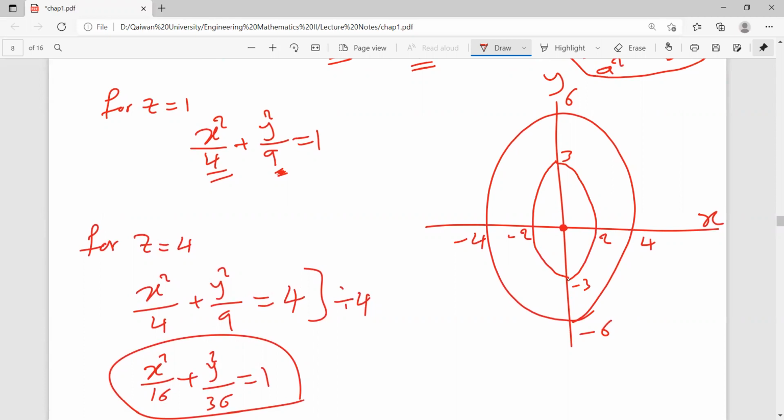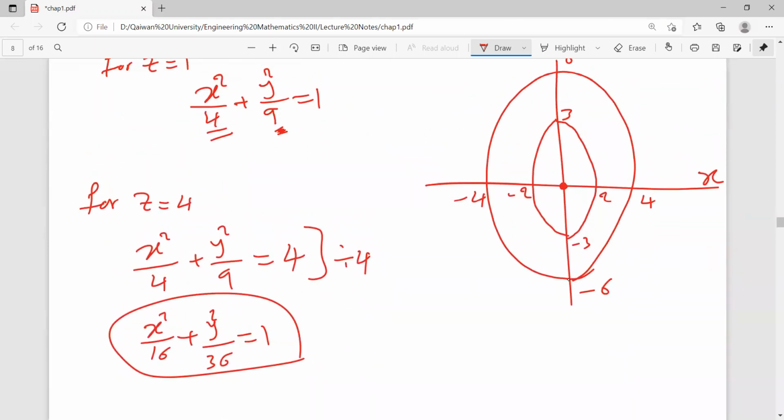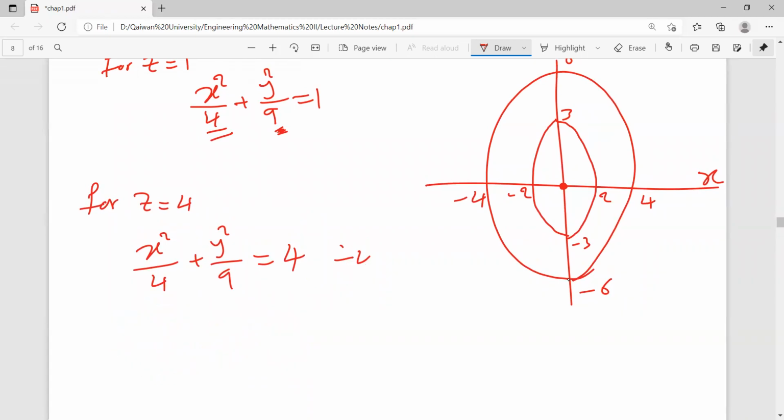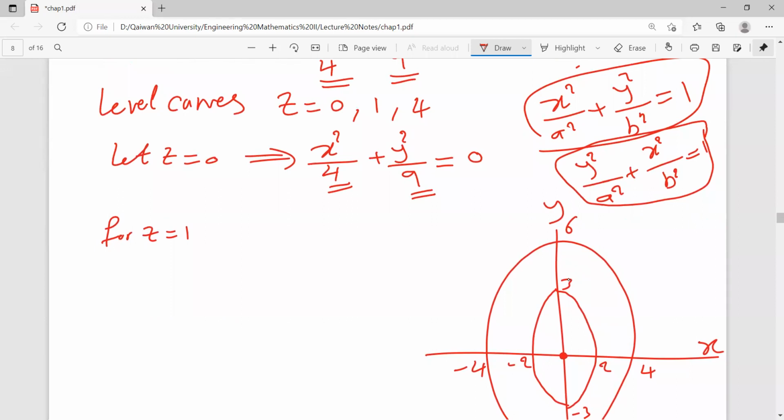Then, to sketch the traces, I'm gonna clean these because here we found the graphs. It's enough. So for the traces, when x is 0, and then when y is 0.